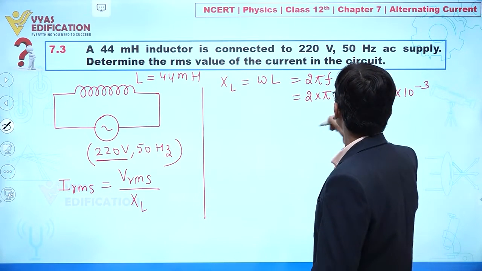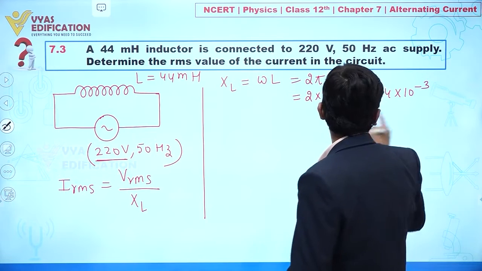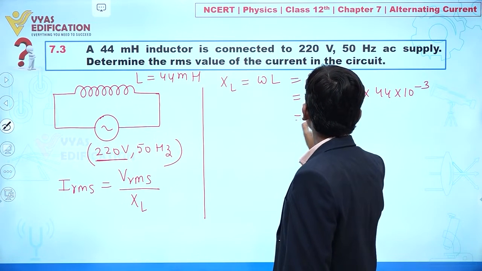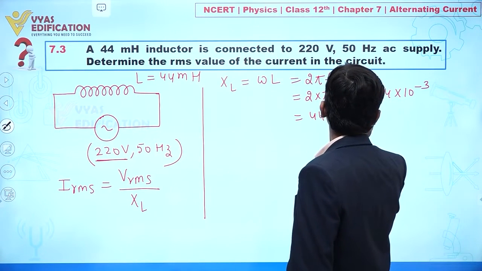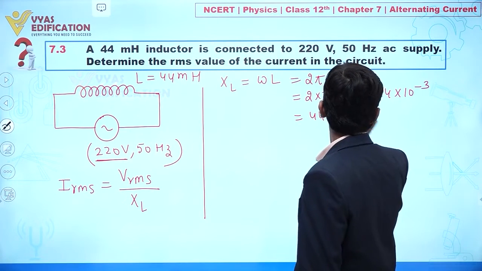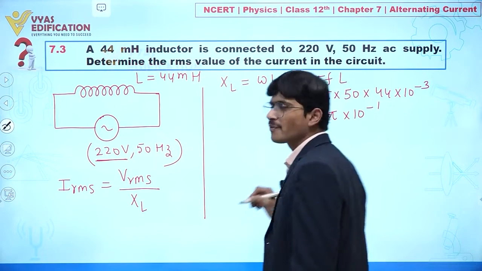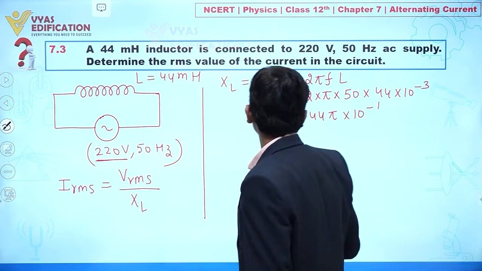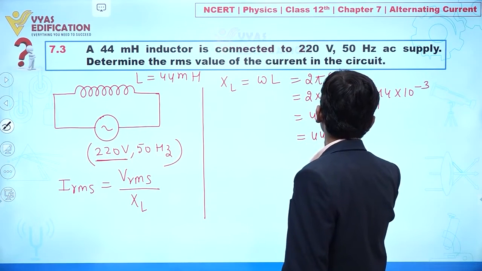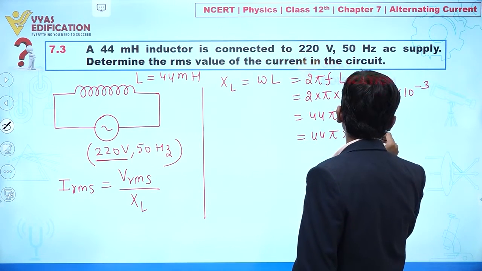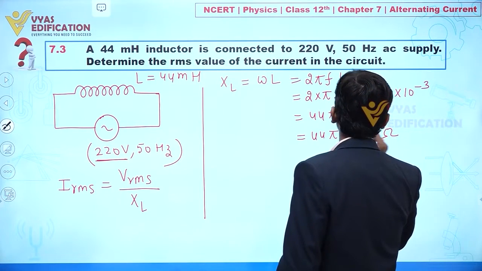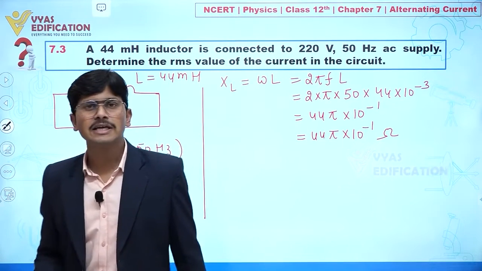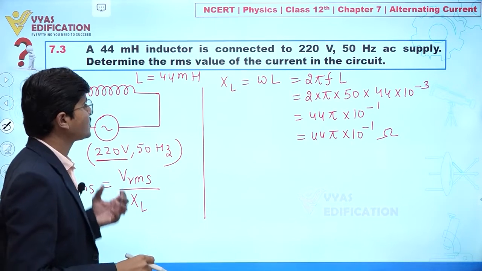From here you can say 2 multiply 50 is 100, and this is 10 to the power minus 3. So I can say this is 44 pi multiply, because this is 100, 10 to the power minus 1, clear. So can we write this is equal to 44 pi into 10 to the power minus 1 ohm, clear, because this is representing impedance or we can say resistance of a circuit.